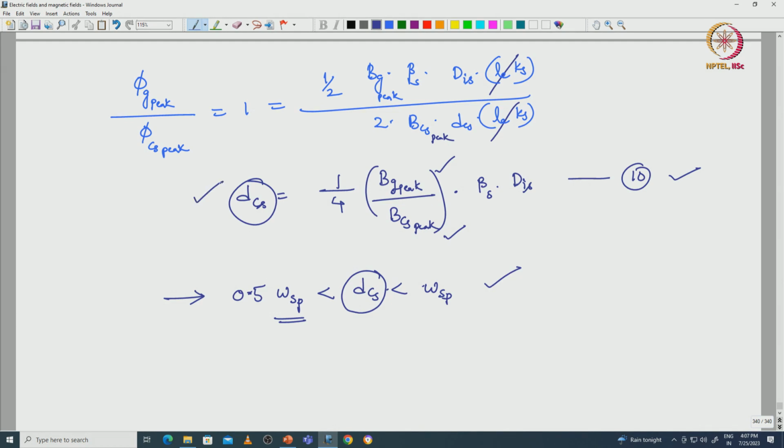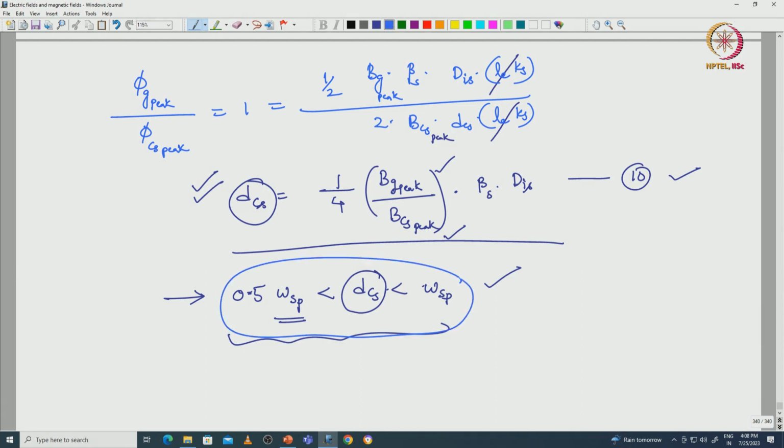Once we calculate DCS with this equation, we can verify it against the empirical relation, but this equation will give the exact width of the stator back iron, or directly we can also consider the empirical relation. In most cases DCS will lie in this range, 0.5 to 1 ratio of stator pole width.